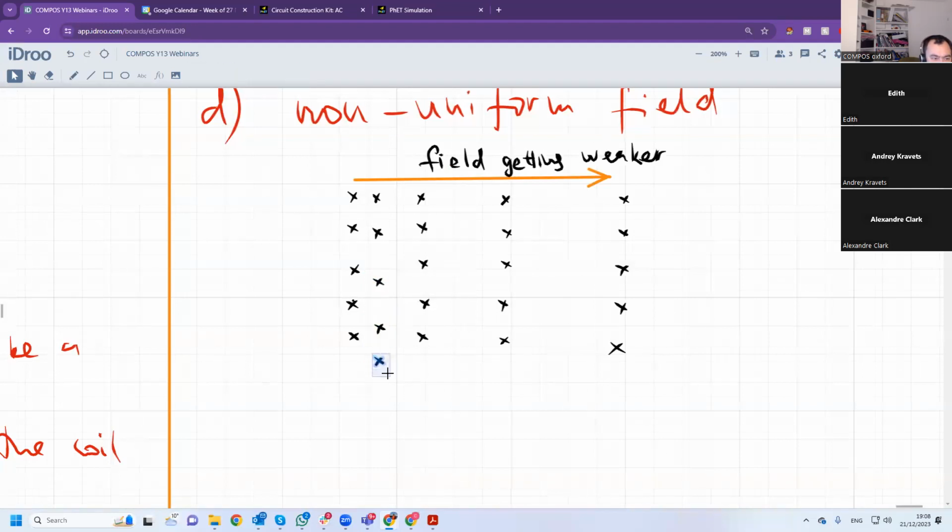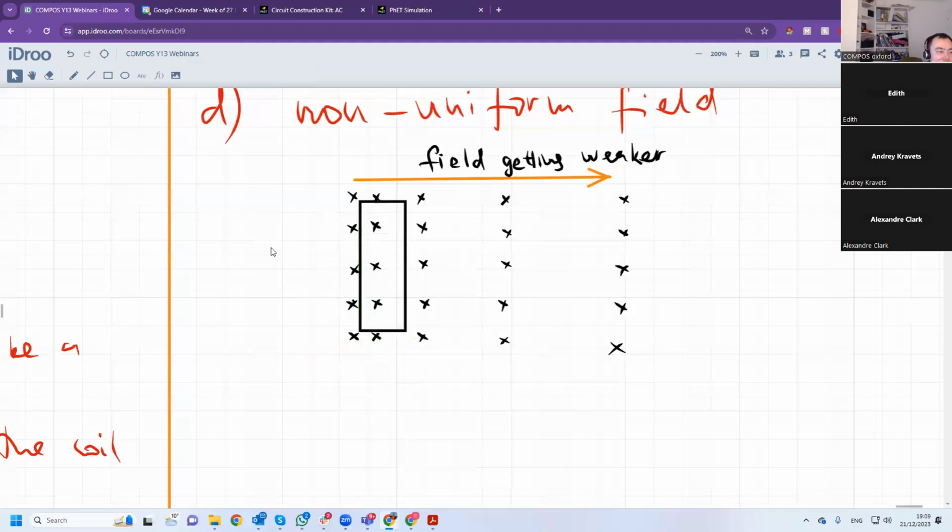They should spread out vertically as well, but let's not get into details. I hope you get the point. The field is getting weaker, and you have a frame moving in this field.